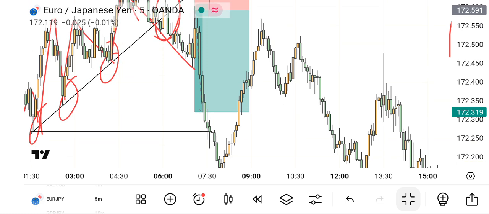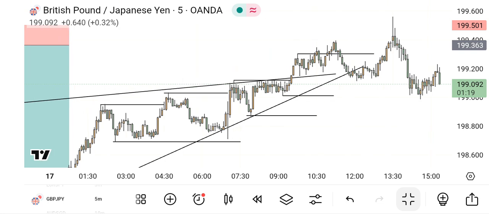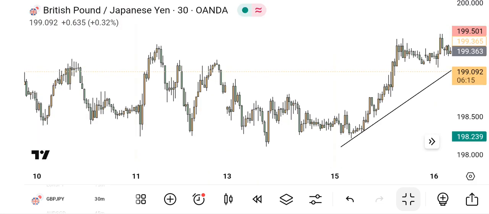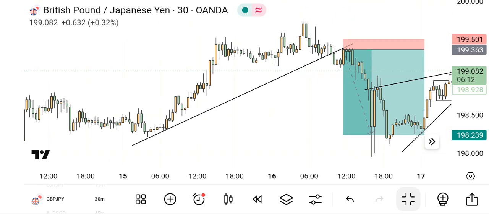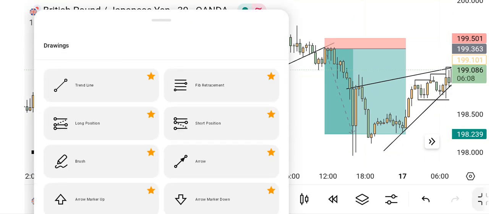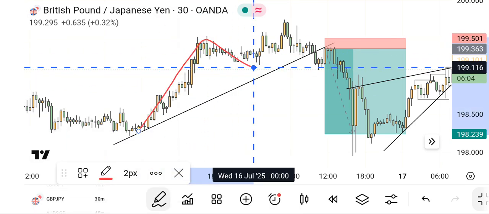So for the GBPJPY, it's still there. I use the same thing, the trend line breakout and the retest. The same thing, the price respected the trend line, came here, but this one did not touch the trend line here.